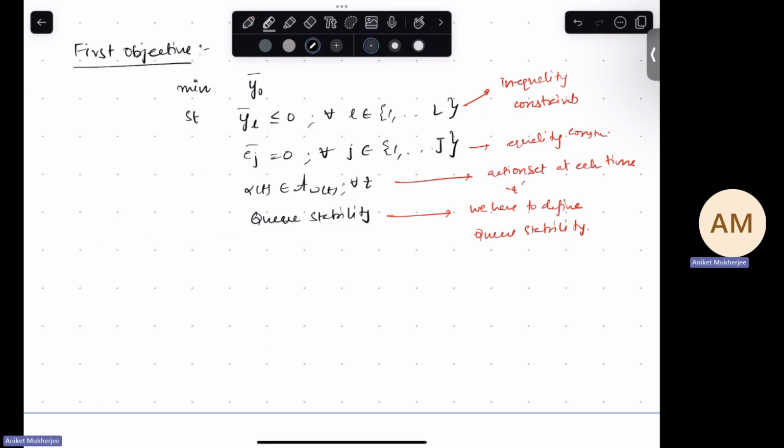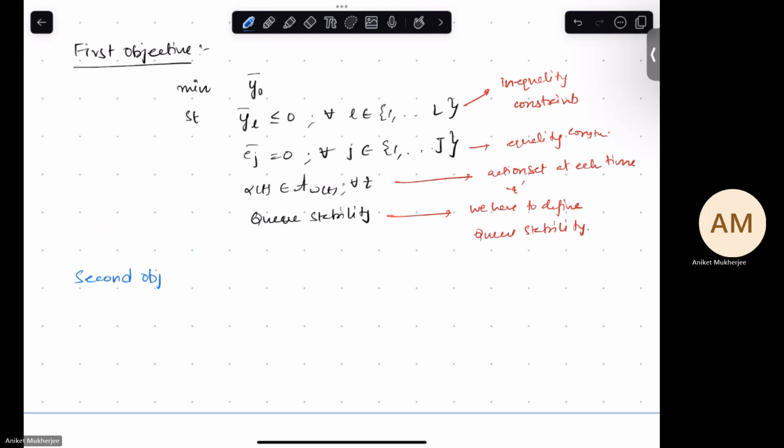The second objective is more general than the first, right? So here we have to optimize convex functions of time averages. Okay?